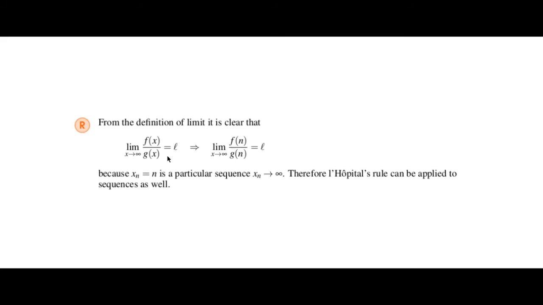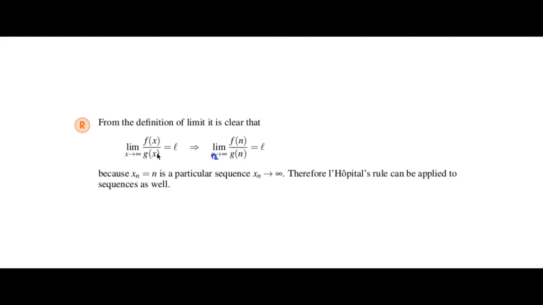And this is an important remark from the definition of limit that we have seen, right? The limit when x goes to infinity, for instance, of f of x divided by g of x is the same as the limit when n goes to infinity of f at n divided by g at n, right?